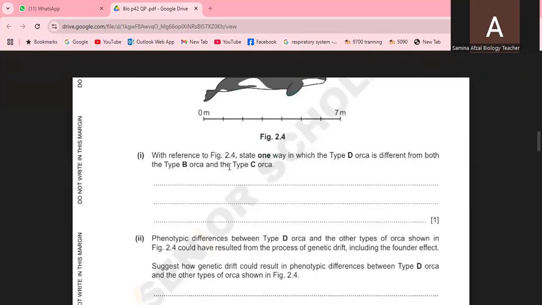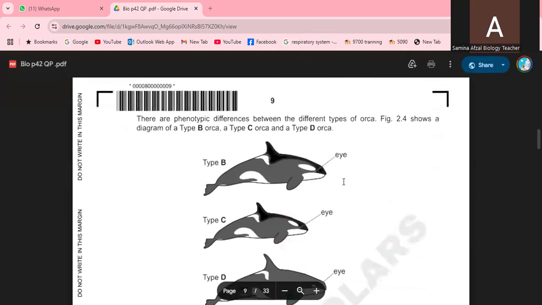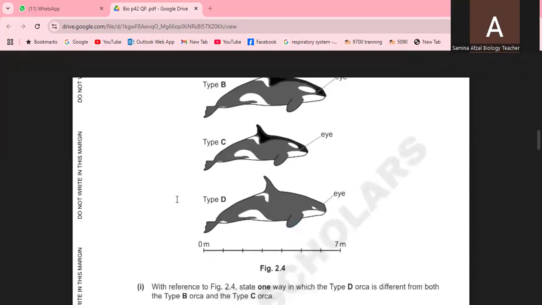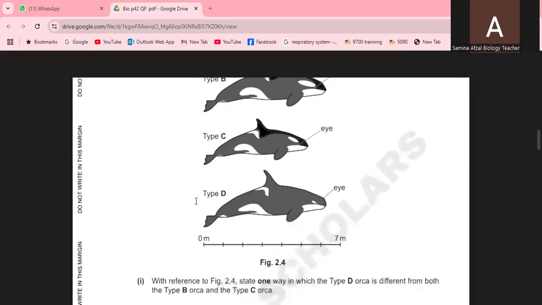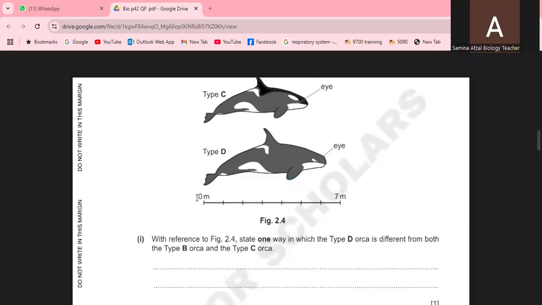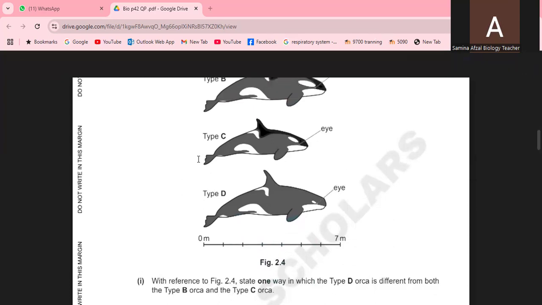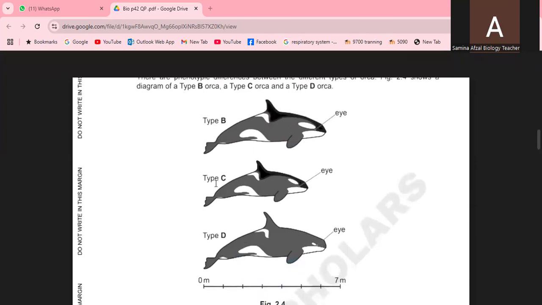I already told you that type B orca appears to be a moderate size. You can see B is a moderate size, or larger than both. Type C is smaller, but they have the same color scheme, whereas type C is depicted as being smaller in size compared to type B. So we can see it has moderate size.